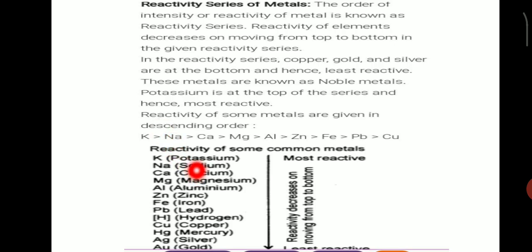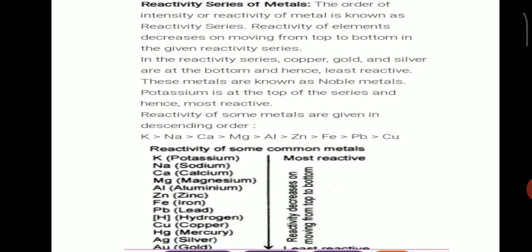They react very rapidly with cold water, they react with air, and they react with dilute acid. Some other metals are magnesium, aluminum, zinc, iron, etc.